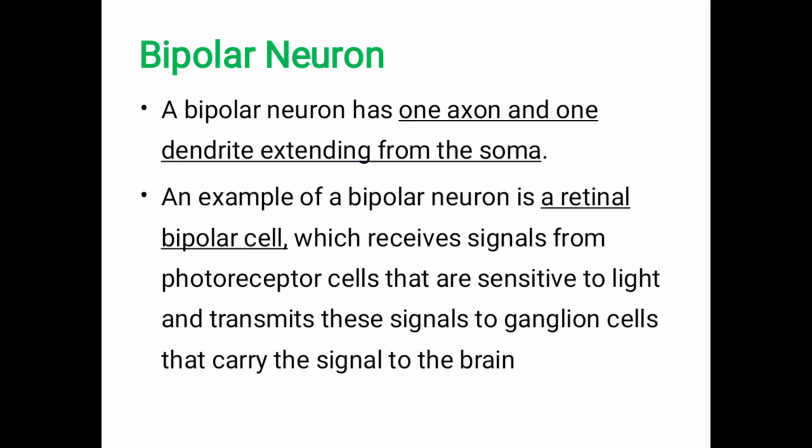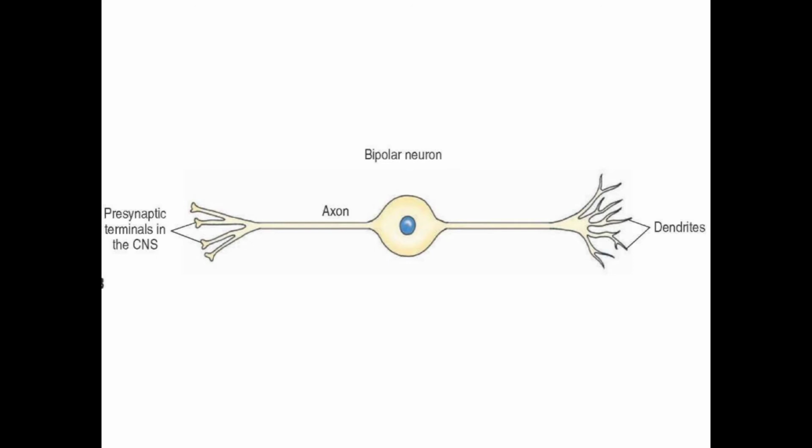The second one is the bipolar neuron. A bipolar neuron has one axon and one dendrite extending from the soma. Here this is the soma, and we can see two extensions from the soma, to its left side and to its right side. At its left side we can see the axon, and at its right side we can see dendrites.